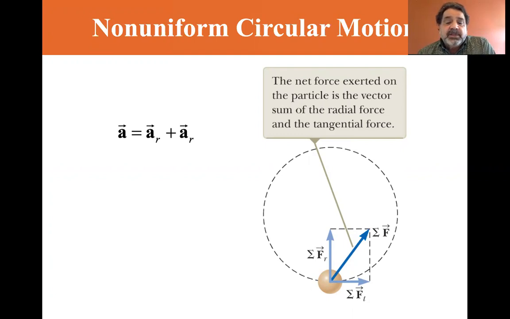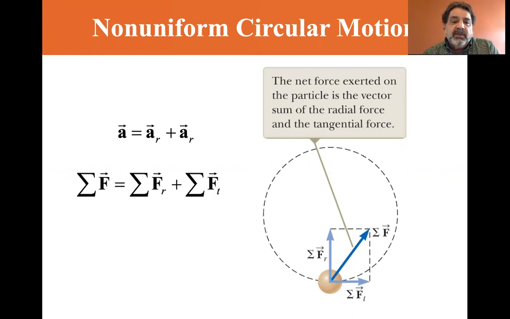In other words, if there's something causing the ball to change its tangential speed, then there's a tangential acceleration. So the total force is equal to the sum of the forces in the radial direction and the sum of the forces in the tangential direction. So that's non-uniform circular motion.